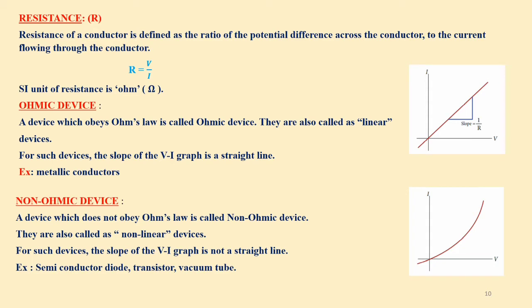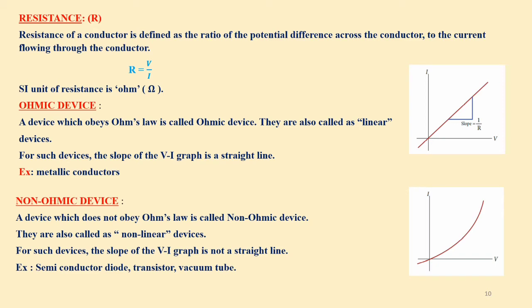If you plot the graph for different values of voltages and currents and join all the points, you get a straight line, and hence such a device is called linear device. Since it obeys Ohm's law, it is also called ohmic device.